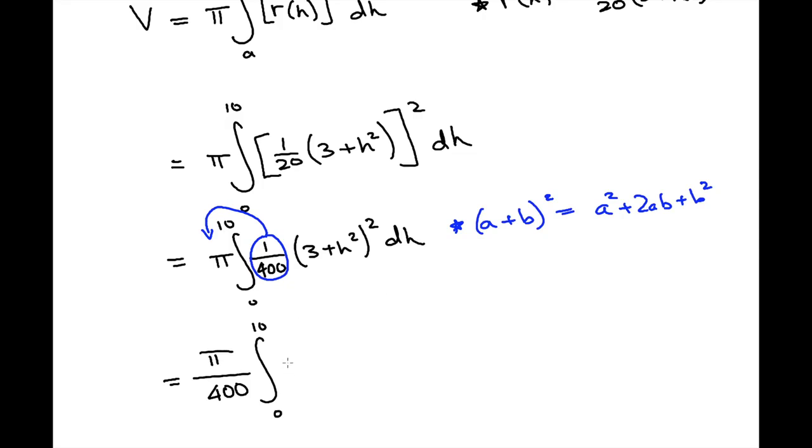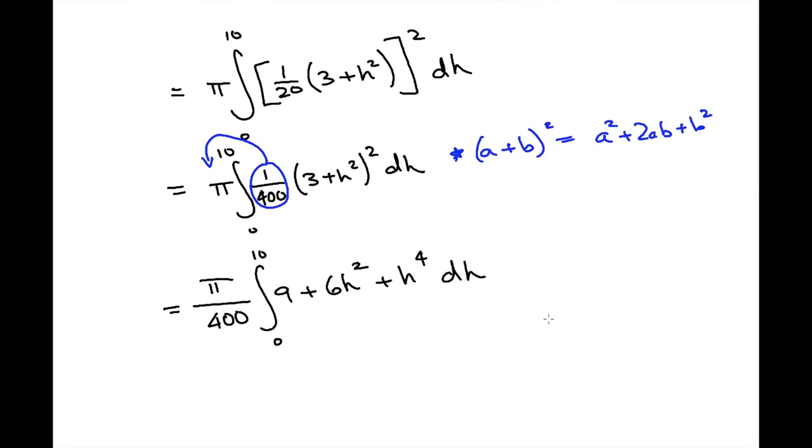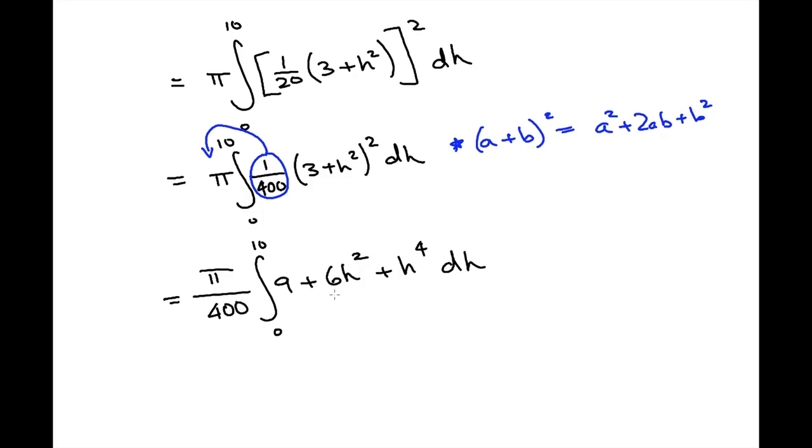So we'll have 9, which is 3 squared, plus 2 times 3 times h squared, which is 6h squared, plus h squared squared, which is h to the 4th, dh. Cool. And now we just integrate this and evaluate.